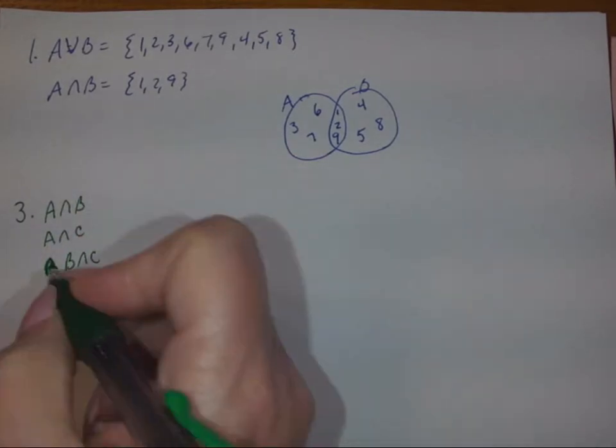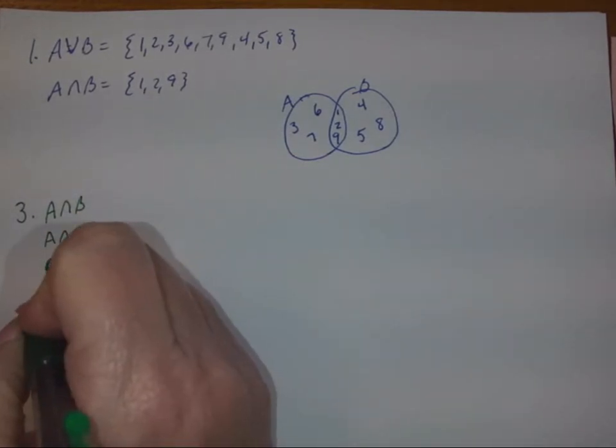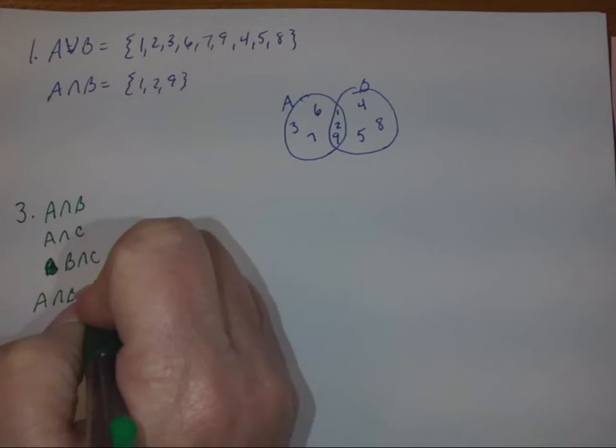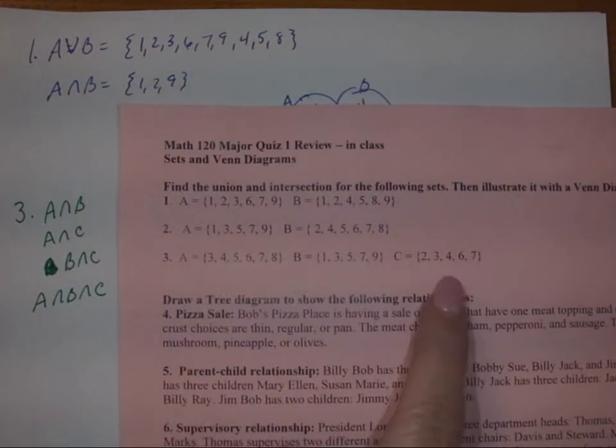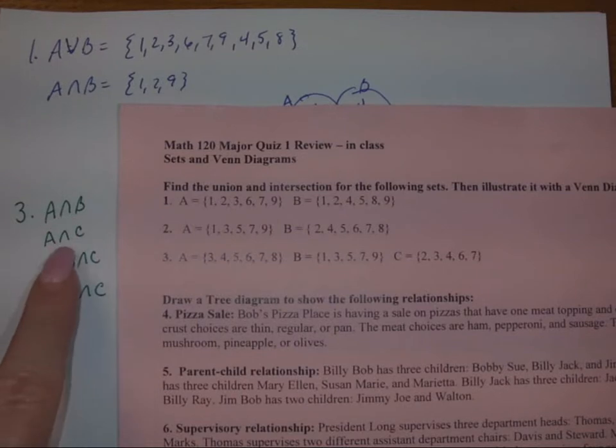I'm trying to write and speak at the same time, and sometimes it can make it difficult. Okay, so we have set A, set B, and set C. What we need to do is find the intersections between each of the sets, and then for all of the sets, and then we'll be able to draw our Venn diagram.